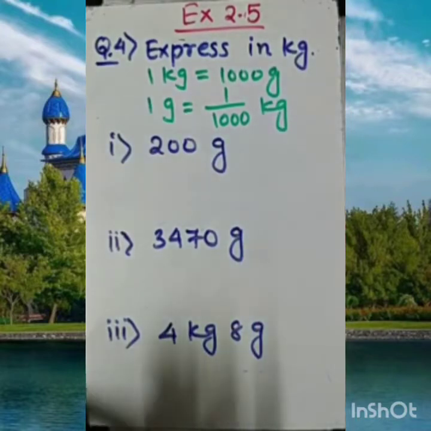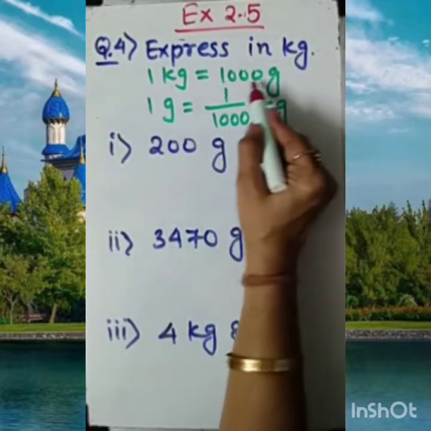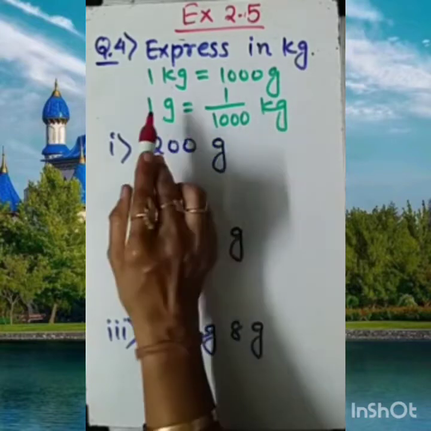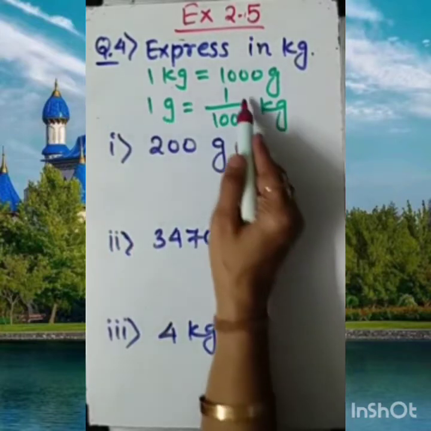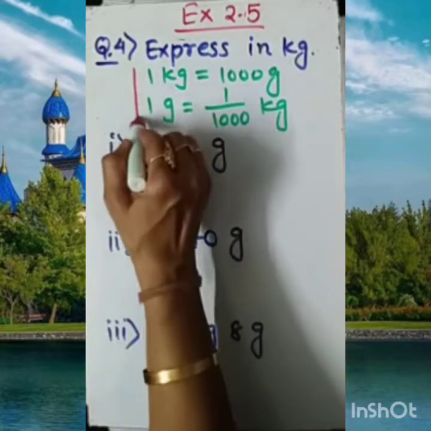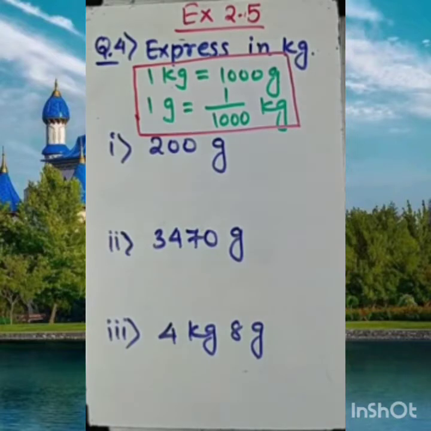I am explaining again. As we are converting from bigger unit to smaller, then we have to multiply with 1000. But if we are converting from smaller unit to bigger unit, then we have to divide with 1000. So this is very important measurement. Now let's apply in the first part, that is 200 gram only given.